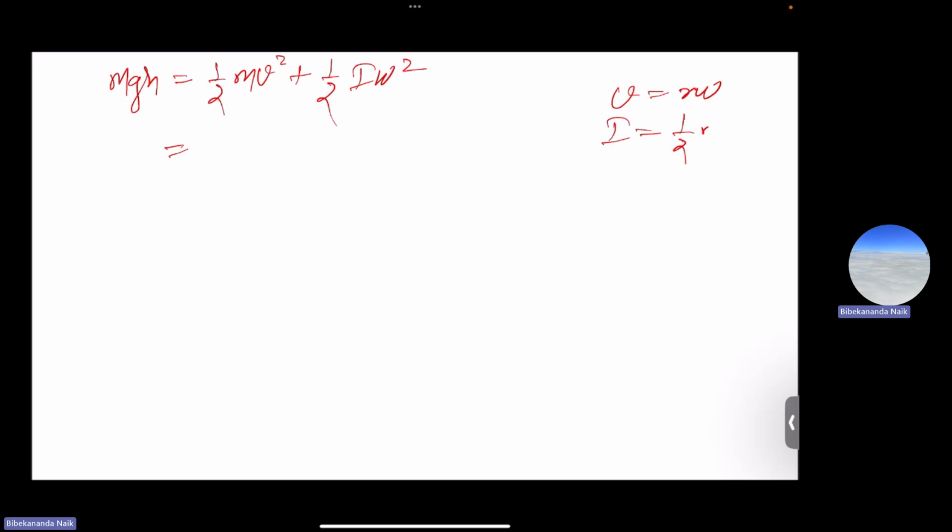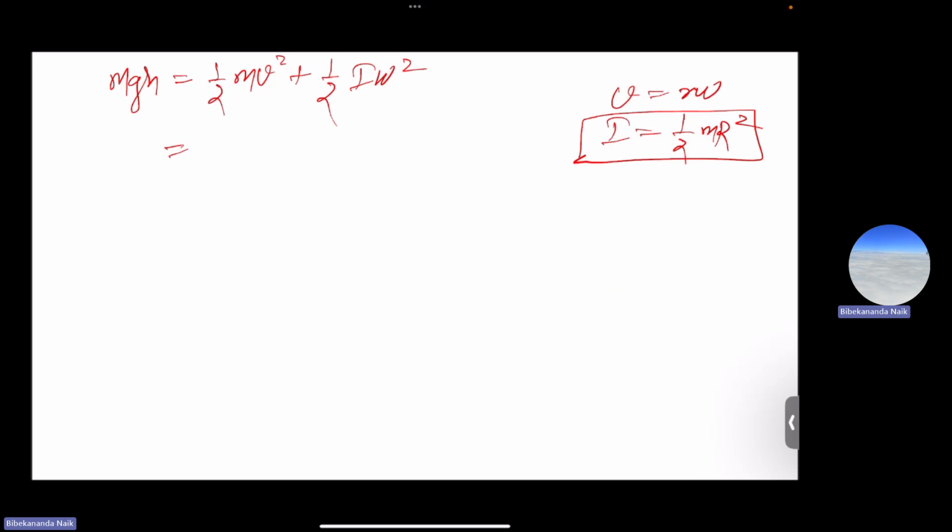So now we can write the values. mgh equals half mv square plus half I omega square. Now v we can put as r omega, and the moment of inertia for a cylinder, you know, is half mr square.